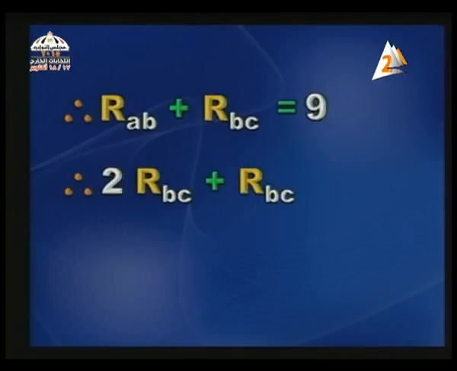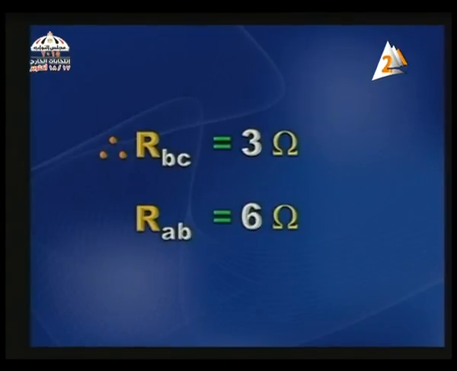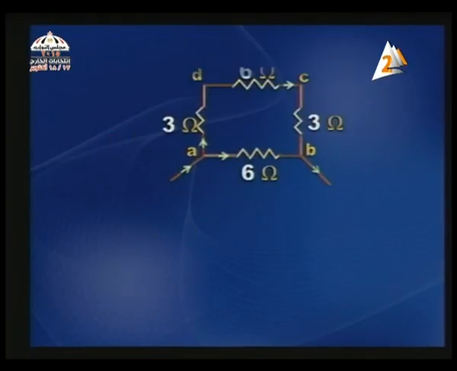Okay, substituting for resistance AB, it is equal to 2 RBC plus RBC equals 9. So we managed to obtain the resistance of the portion RBC. It is 9 over 3, of course. It is 3 ohms. And now resistance of AB equals 6 because it is twice the resistance of BC. Now we managed to obtain the resistance of each branch.